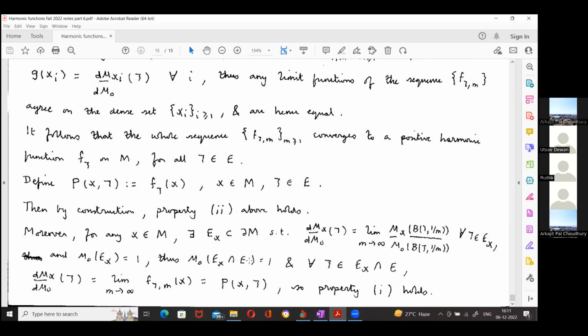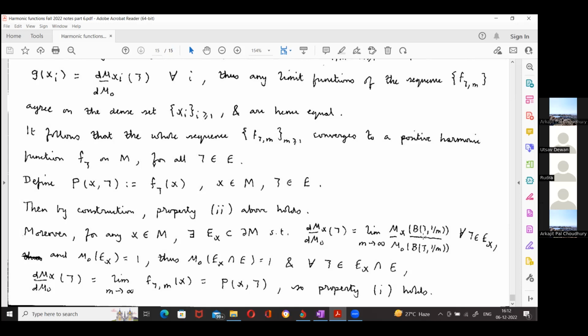And for all xi in the intersection, on the one hand, because xi belongs to E, I know that d mu x d mu naught of xi is equal to the limit of these functions.